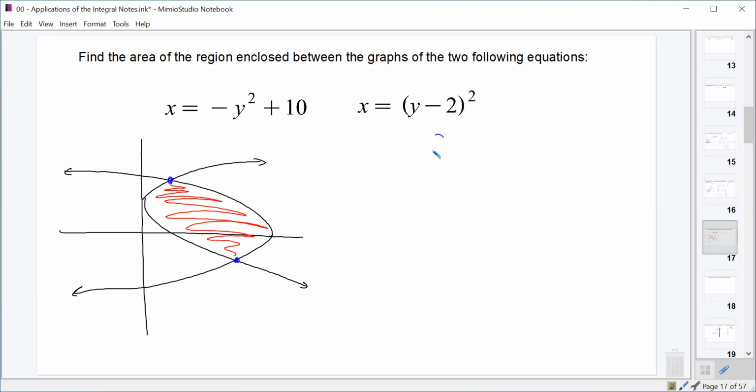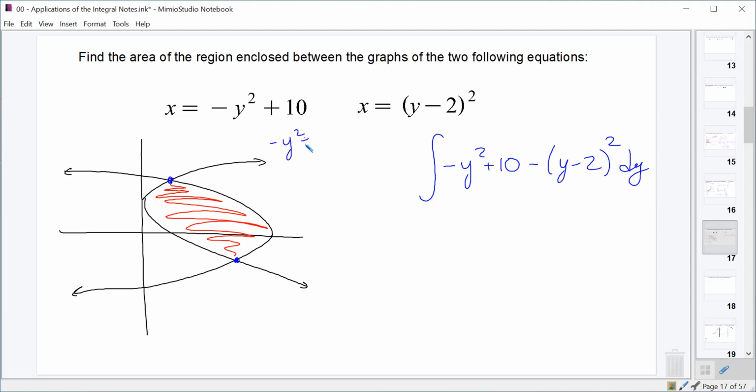So our integral is going to end up looking like the rightmost function, which was negative y squared plus 10, minus the leftmost function, which is y minus 2 squared, dy. And we're going to integrate from the intersection point at the bottom to the intersection point at the top.